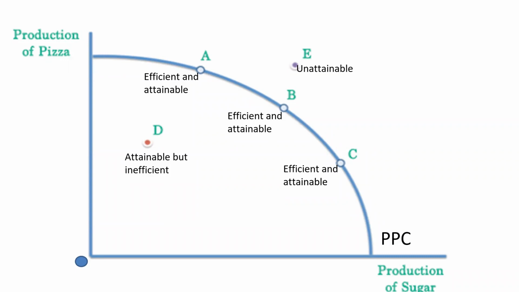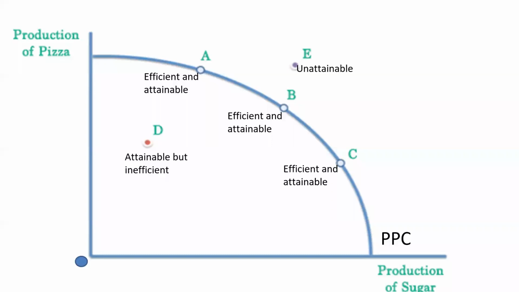If I have to ask you where scarcity is, where would you say? A, B, C, D, or E? Where is scarcity? Lovely. Great. I see your answers as E. E is unattainable, which is scarcity.